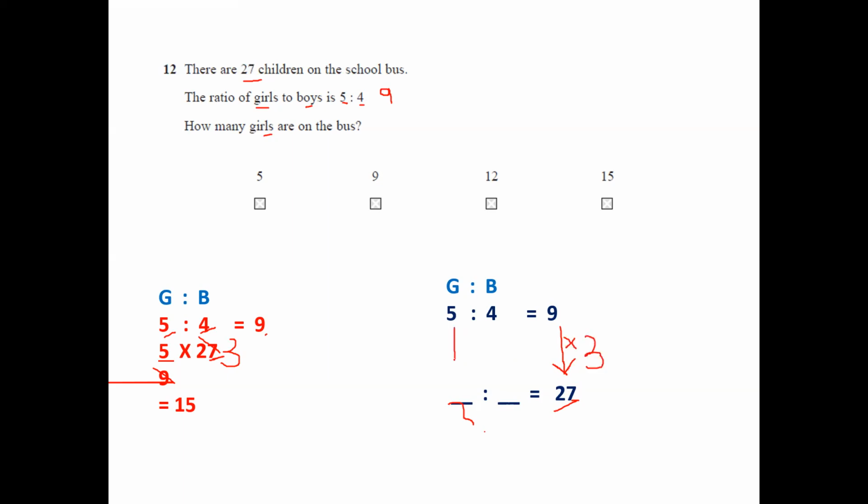So you can do the same thing for 5 as well. You can multiply 5 also by 3. So 5 times 3 is 15. So if there are 27 children in the bus, out of that 27, 15 are girls. Like that also you can get the answer for this ratio question.